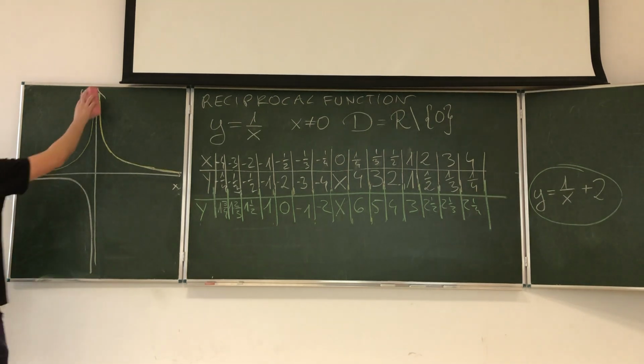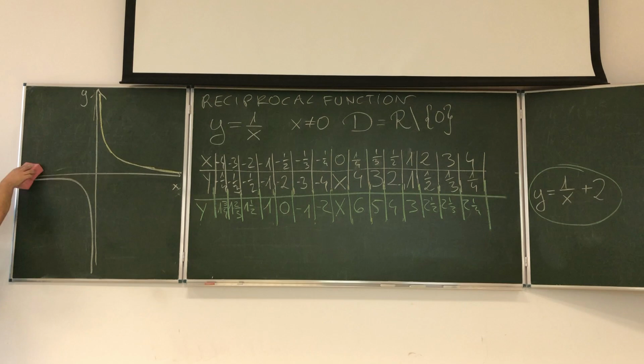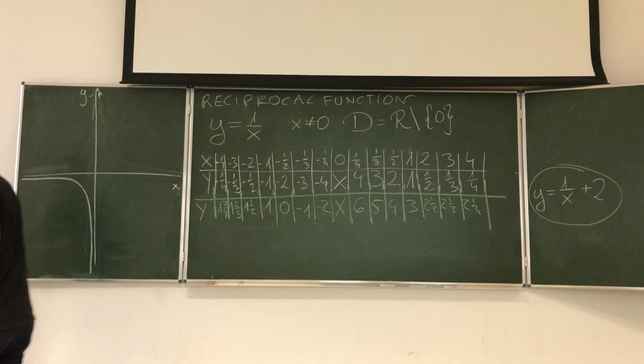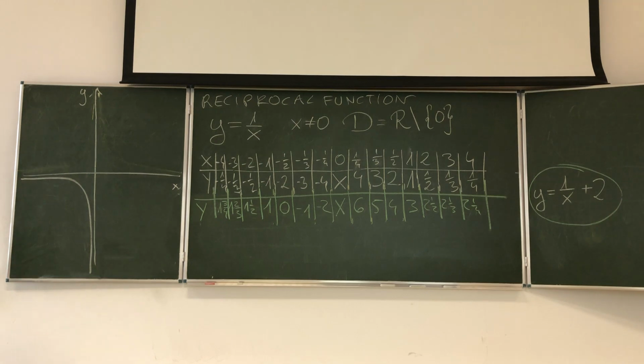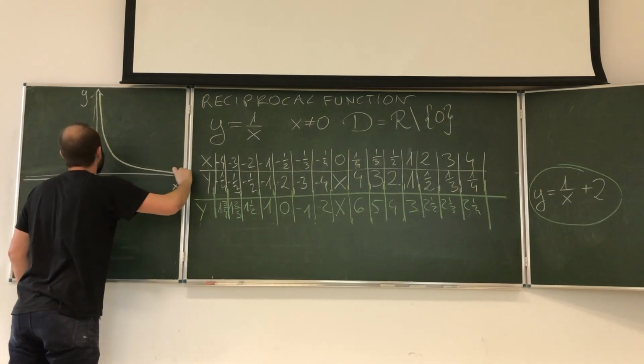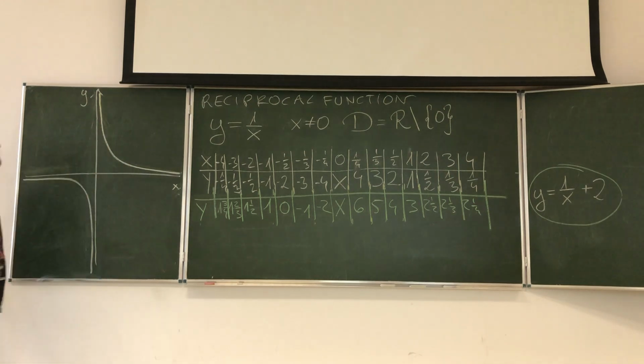Okay, so let me just erase the previous function. And now, if this is the original, how should I draw the new one? Well, there's a lot of possibilities, but of course we want to get the easiest.